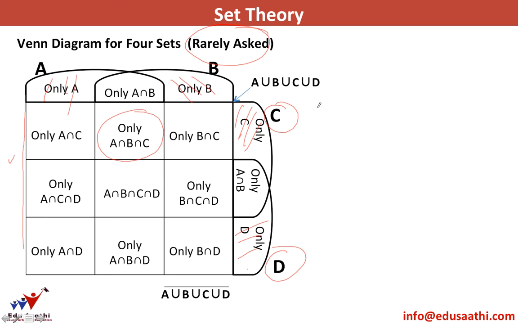But you really don't need to go very deep into 4 set Venn diagrams because they are very rarely asked. What you can do is pause this video for a while, just draw this in your copy, and then you can apply logic and help yourself understand this Venn diagram better.